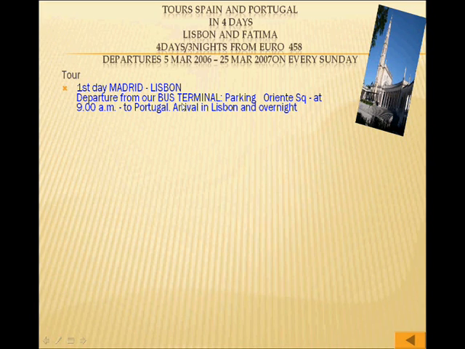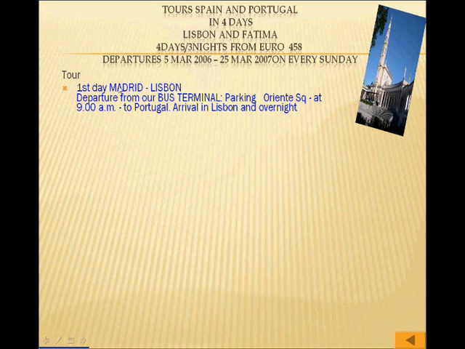Okay, so it's the bus terminal, and they go through the parking of the bus, okay? And where is it? It's in Orient Square at 9 a.m. to Portugal. So they start from Madrid to Portugal, arrival in Lisbon, and overnight. So they arrive in Lisbon and they stay overnight, okay?